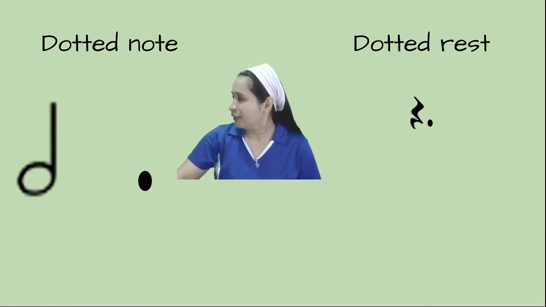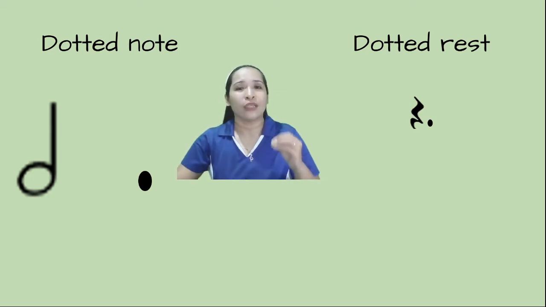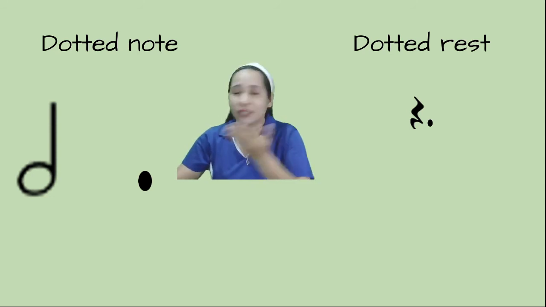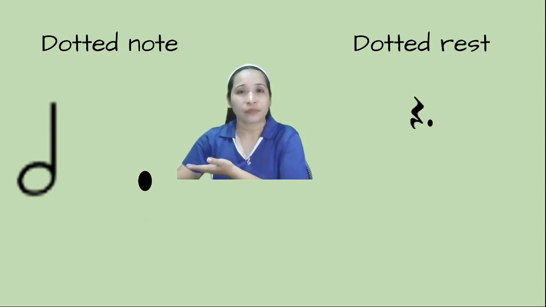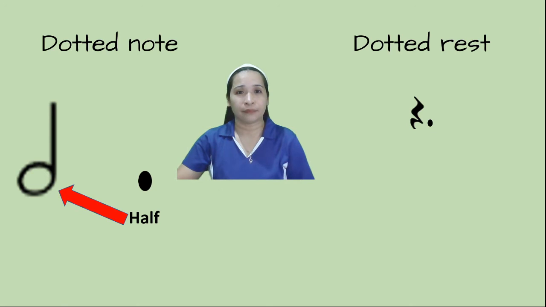The note here is a half note. The value of a half note is 2, but since it has a dot, it has a different value. The dot here takes half of the value of the note before it.